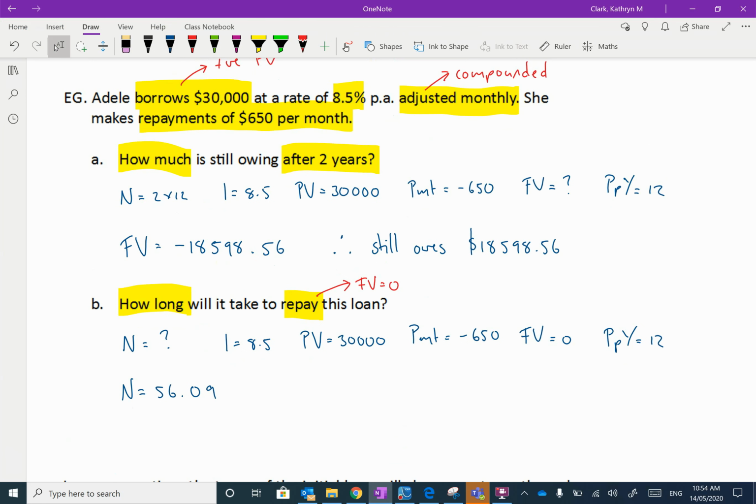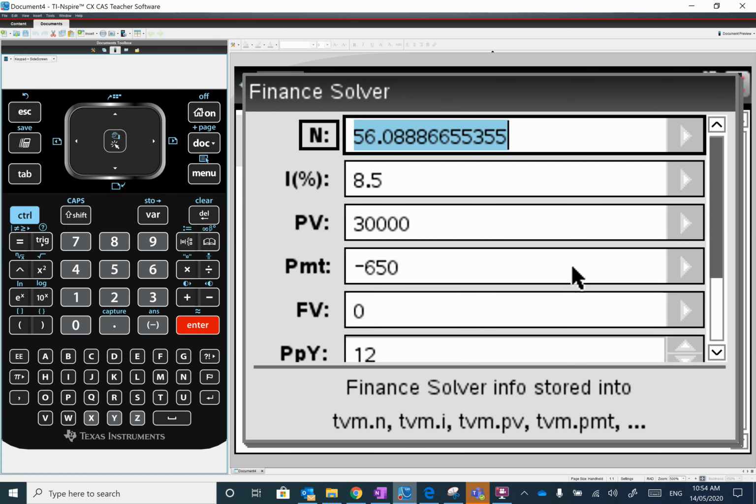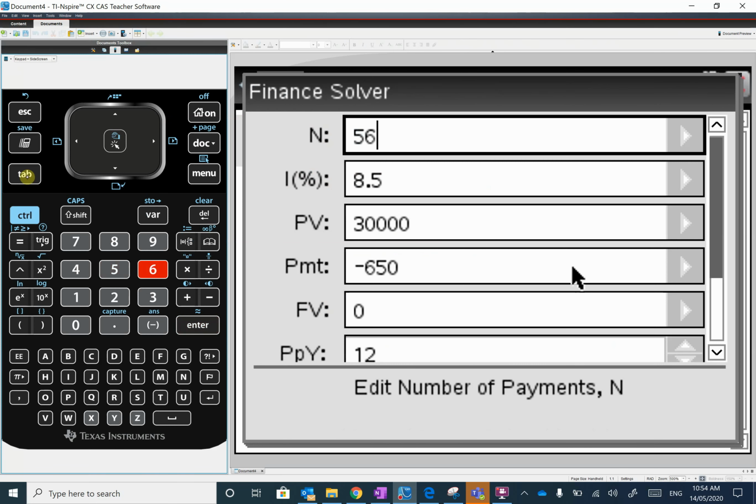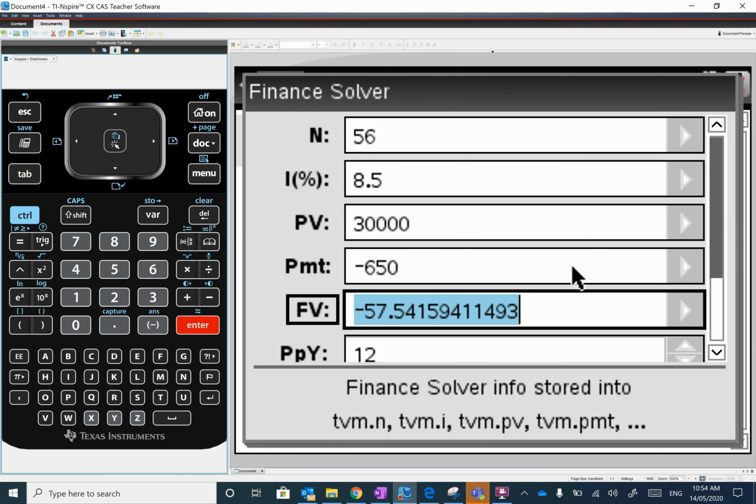Alright, so I'm just going to show you something here. Do we round that to 56 or do we round that to 57? So let's do 56 payments. Does that mean that I've got nothing owing? No. So she still actually owes money.